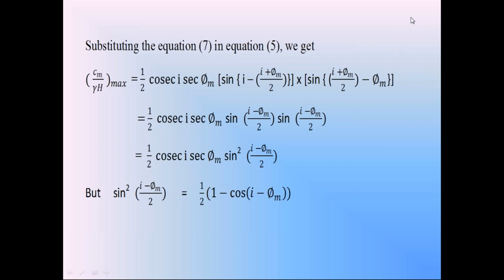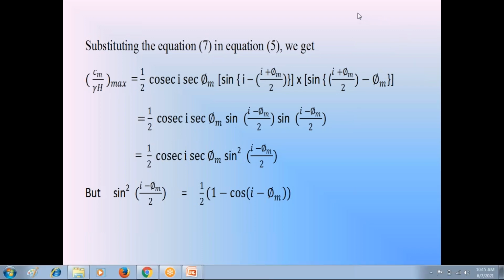But alpha is equal to alpha c, that is I plus phi m by 2. So substitute that alpha c here for the maximum stability number condition, from the previous equation 5.